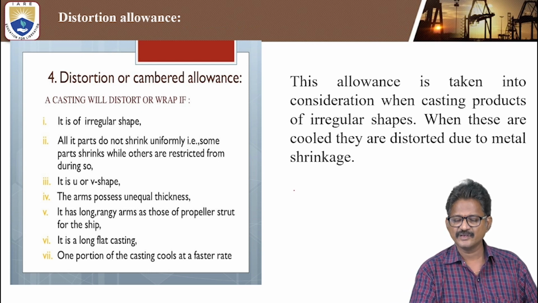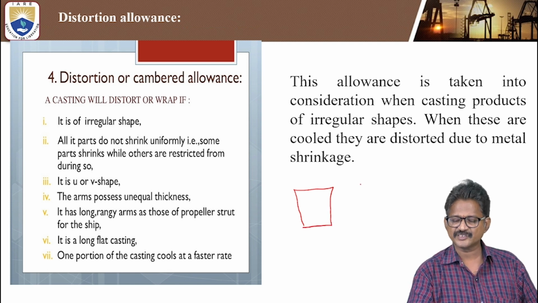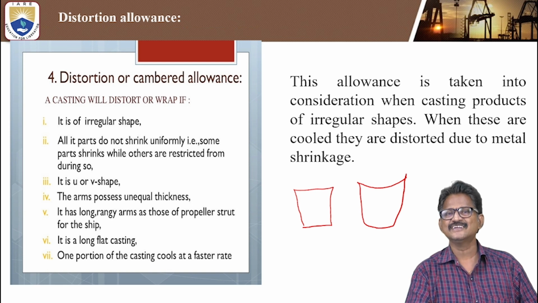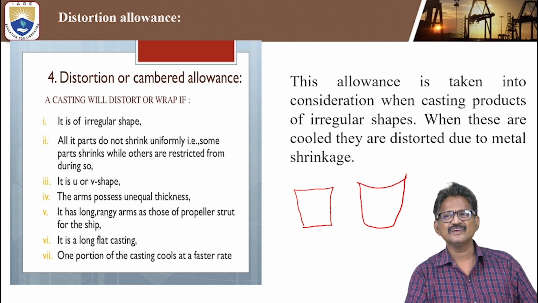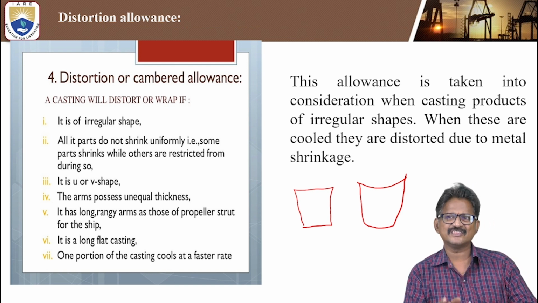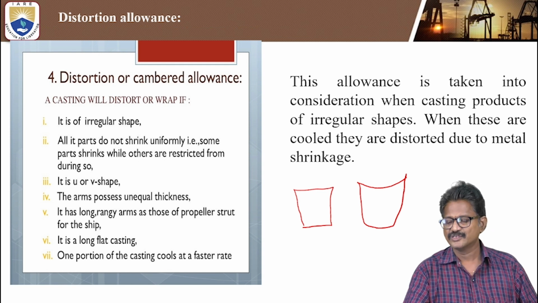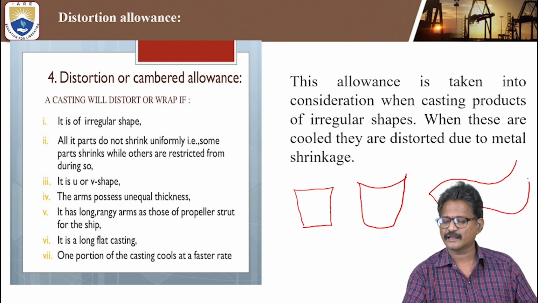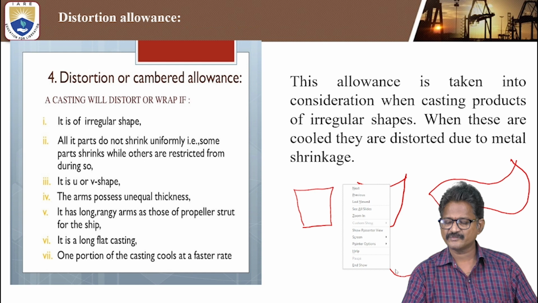For example, if there is a component like this, in distortion camber allowance it may change its position like this, with its shape distorted. So this is the allowance taken into consideration when casting products of irregular shape. Even a shape like this may shrink, and a camber distortion may occur, apart from this.